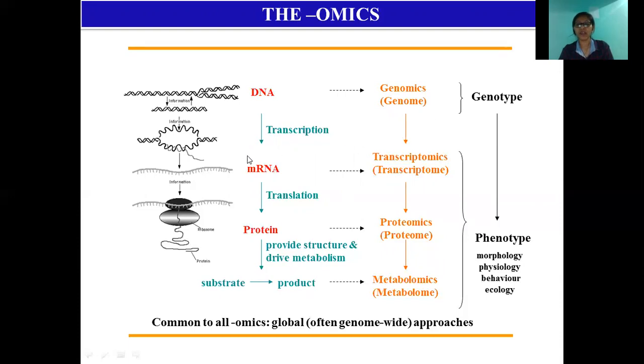But when you study at the level of mRNA, it comes under the transcriptome. The total mRNA content of an individual in a particular tissue at a particular time is called transcriptomics. There is a necessity to study the transcriptomics of an individual. Why? Whatever DNA content is present in the cell, whether you isolate the DNA from the seedling stage, the vegetative stage, the flowering stage, or the maturity stage, the DNA will not change.